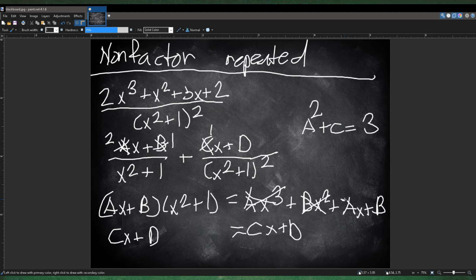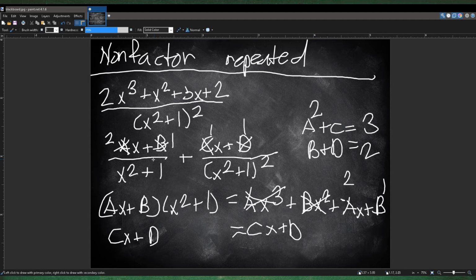And b plus d has to equal the constant term, which is 2. Since we already know b is 1, that means d is also 1.